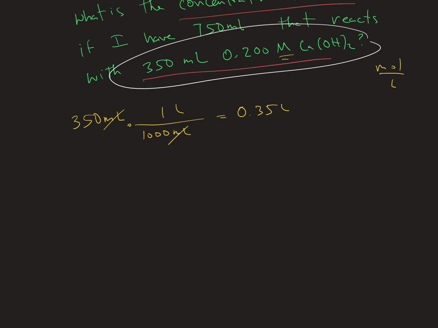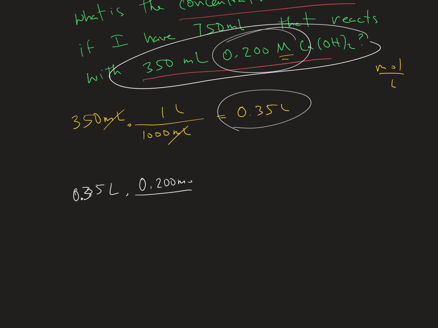Then we can start with this: 0.35 liters. Is that better? Okay, let's do that. Then we have molarity: 0.200 moles of calcium hydroxide to 1 liter of solution.